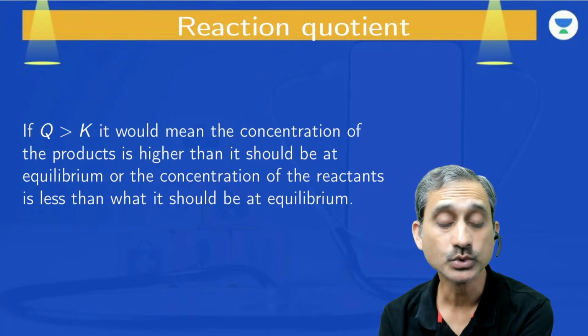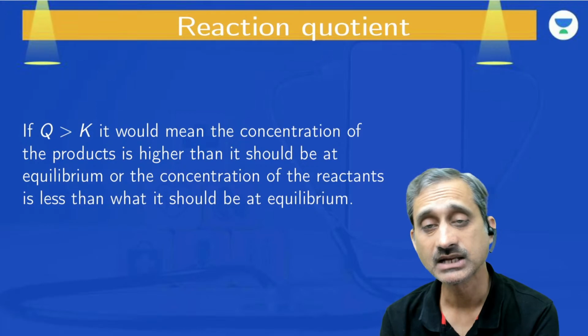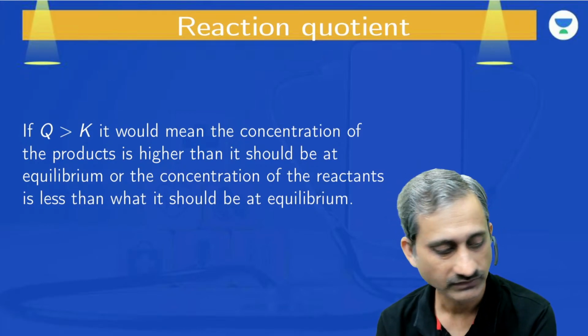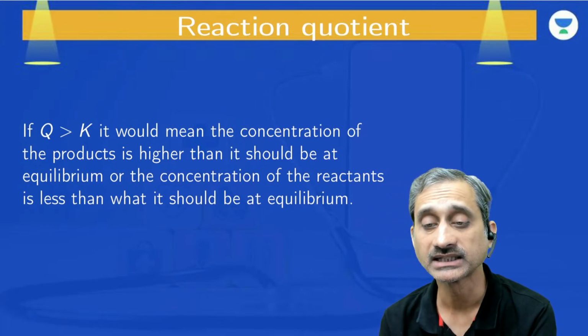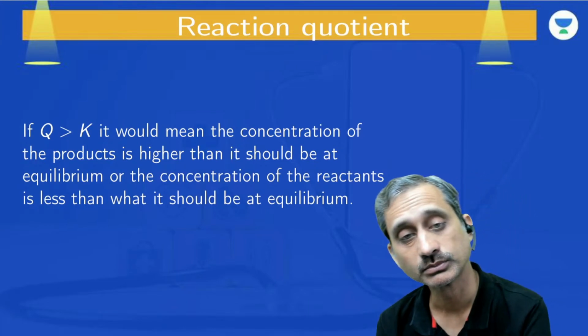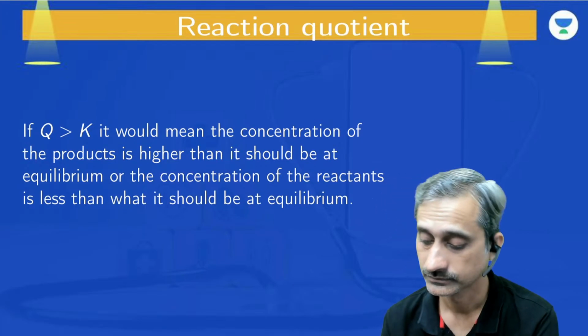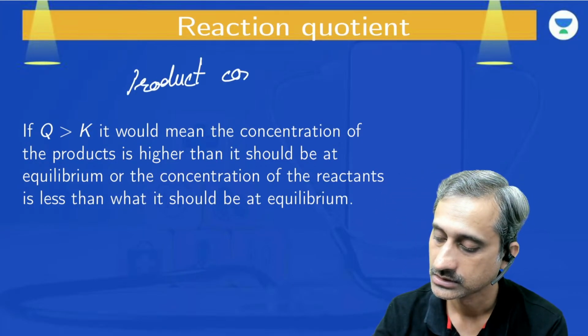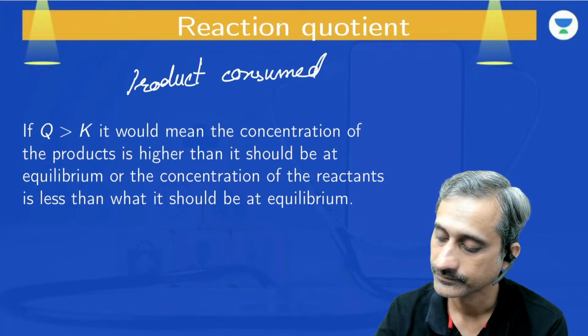Now, if Q is greater than K, that means we have somehow made the product more than what it should be at equilibrium. And if the product is more than it should be at equilibrium, then the product would be consumed and the reactant would be formed.